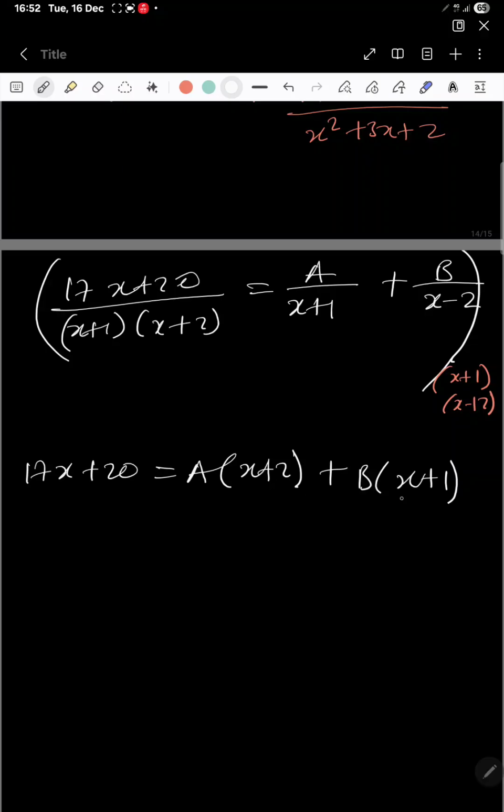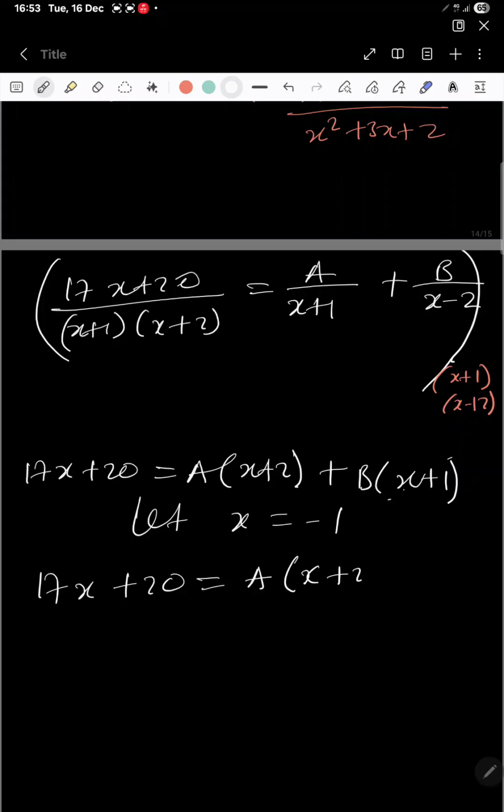So if you want to get the value of a, let x be -1 so that the part for b goes to 0. You minus the part for b. So by doing so, you have 17x plus 20 is equal to a open x plus 2 plus b open x plus 1.